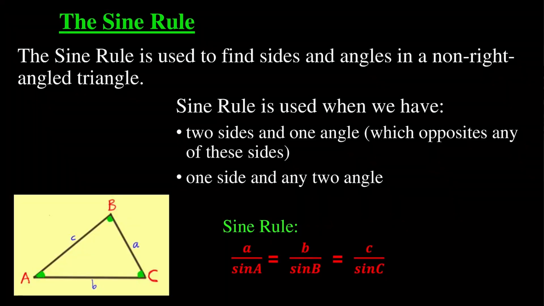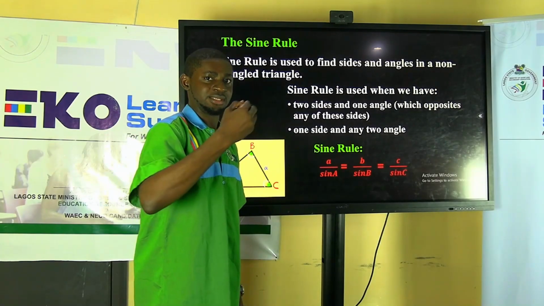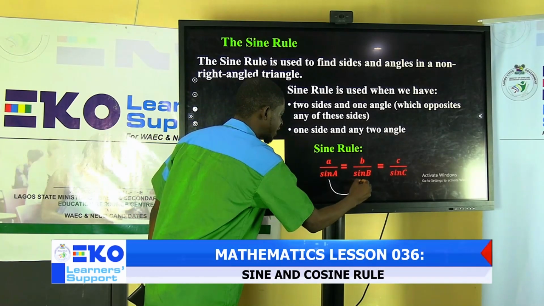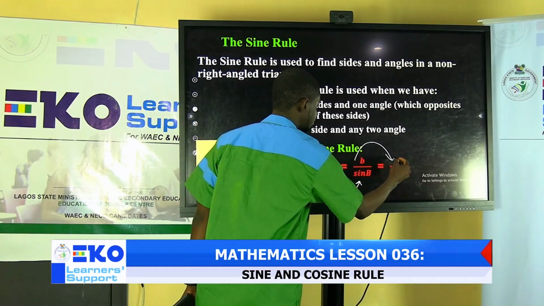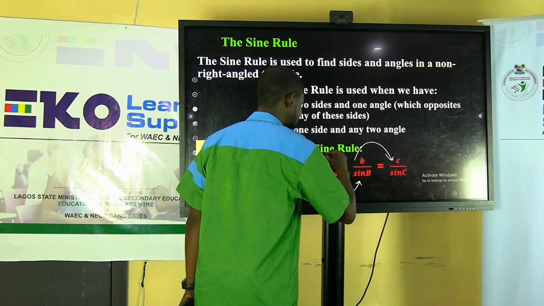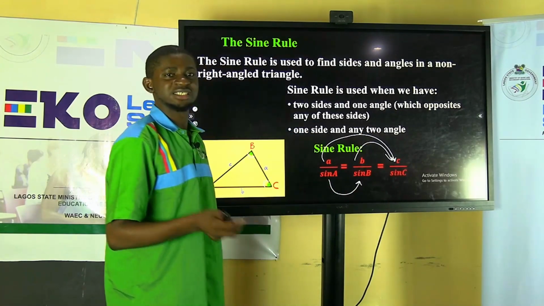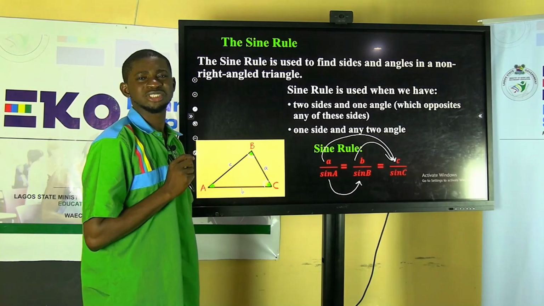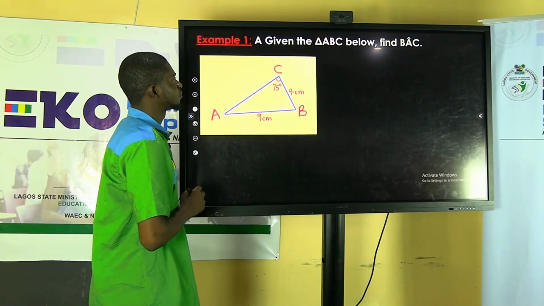However, we do not use the three at the same time. Depending on which family is available and which other member we have, you either combine this and this, or this and this, as the case may be. You combine two at a time. Isn't that interesting? So that is about sine rule. Take note. Let's take a problem on it.